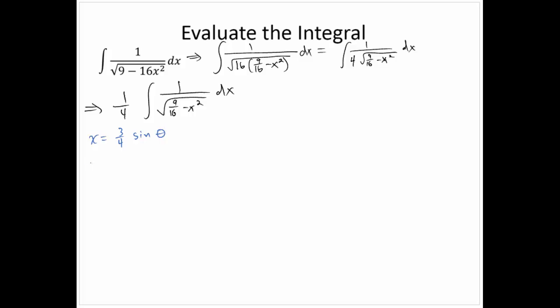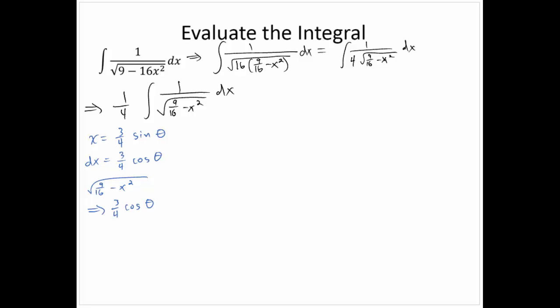And so then dx would be 3/4 cosine theta d theta. And the square root of 9/16 minus x squared, after a little bit of work, becomes 3/4 cosine theta.